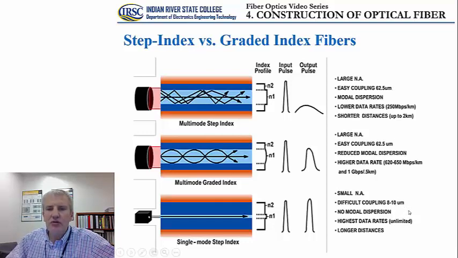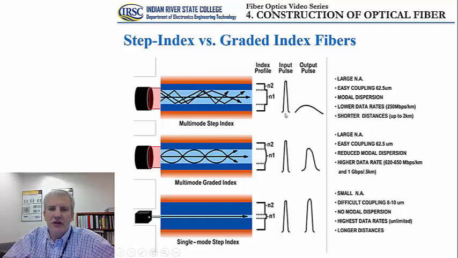The second important thing to be discussed is the modal dispersion. We talked about the modal dispersion in the previous lecture, and we said that dispersion is an effect where the pulse undergoes a certain spreading as it propagates throughout the optical fiber. That's what can be seen on the picture here.